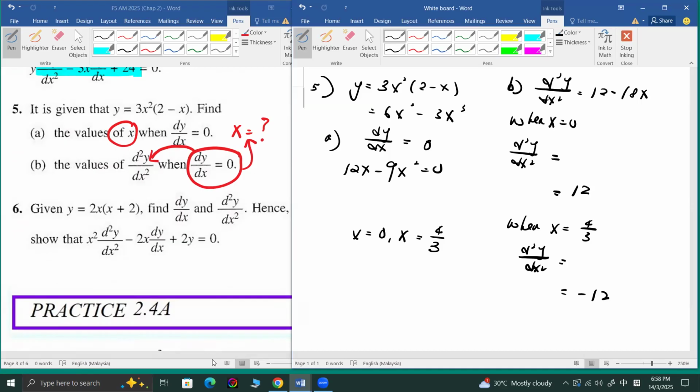You do this part after you have done the first derivative and the second derivative. So you substitute the second derivative here and the first derivative and also the y here. And then you don't put equal to 0, because the question asks you to show.